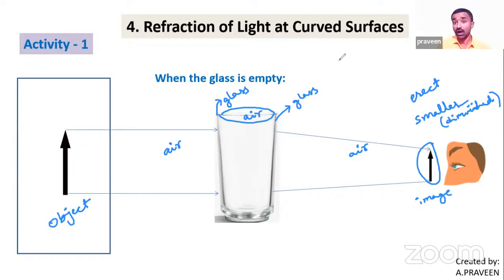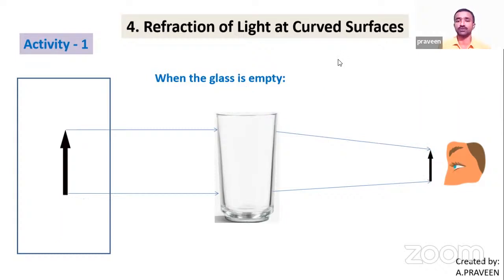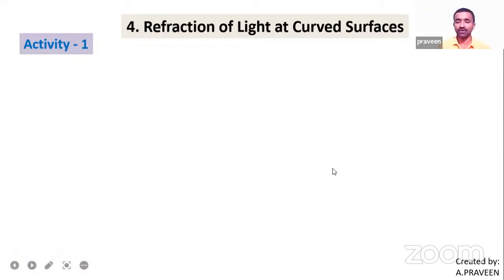Next, the same arrow, using the same glass, observing again, but the condition has changed. Water is filled into the transparent glass vessel. Then in this case, what happens is what we are going to observe. In the first case we decided an erect and diminished image was viewed by us.